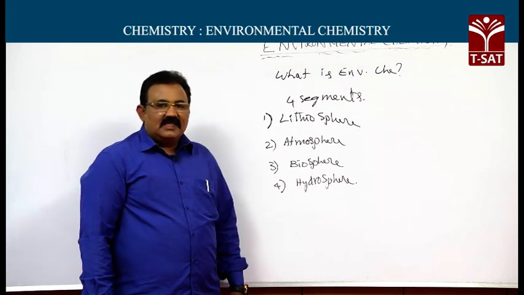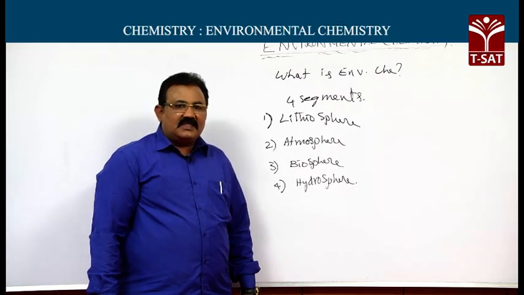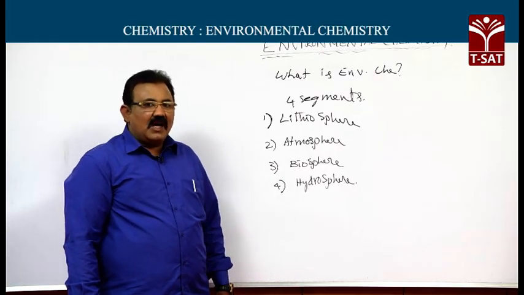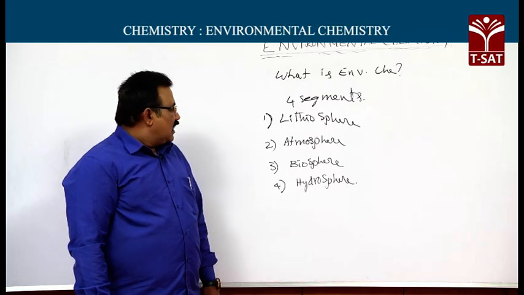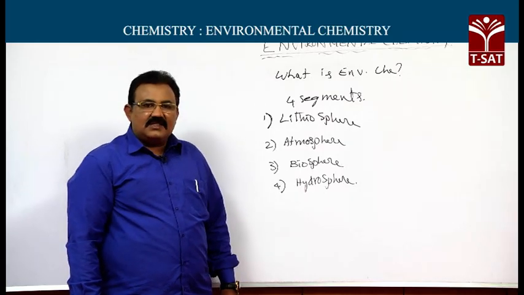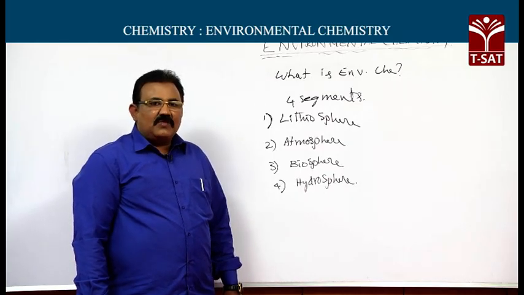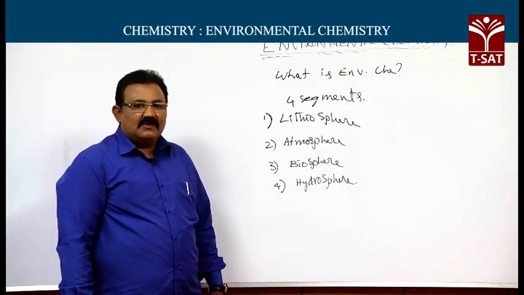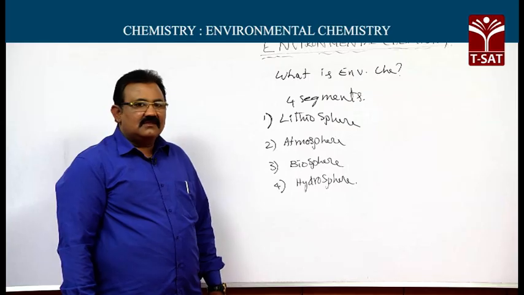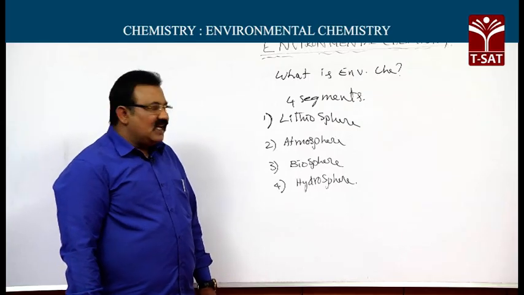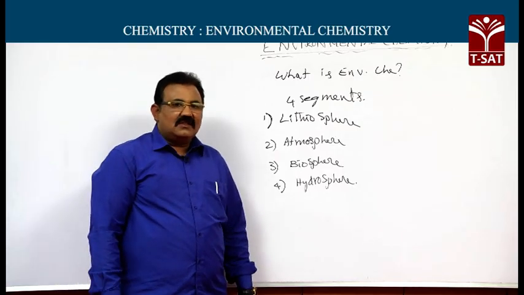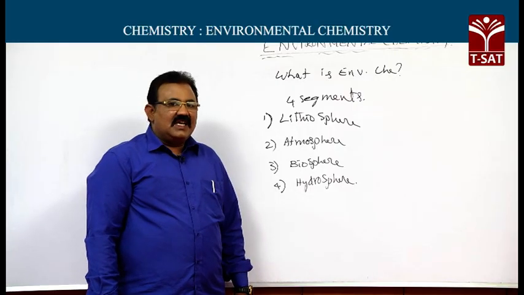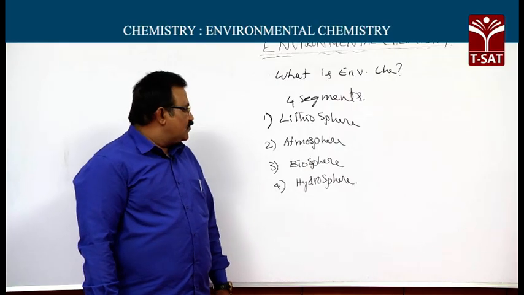Atmosphere is the foremost important segment in our environment. It consists of several gases. The atmosphere ranges about 500 kilometers from the sea level. The total heat balance on the earth is controlled by the atmosphere.